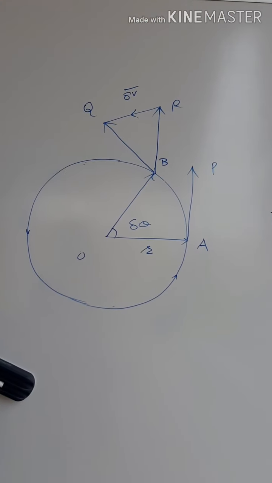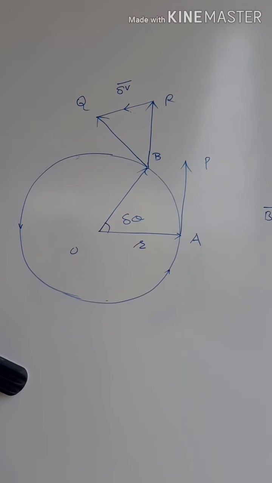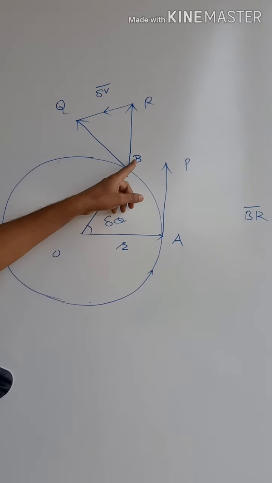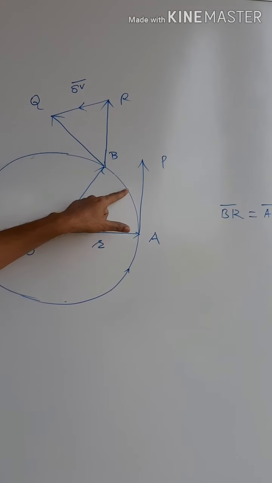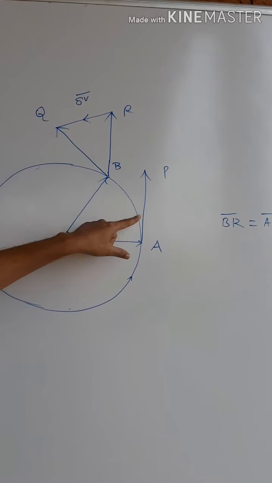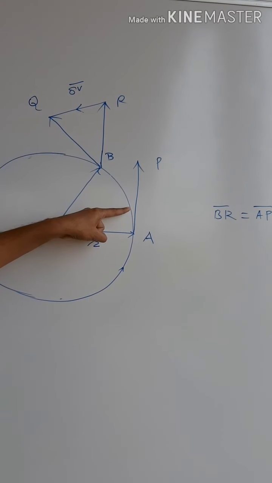But if the time interval delta t is reduced to half, then point B will be at this point. Again, if it is reduced to half, then point B will be at this point.